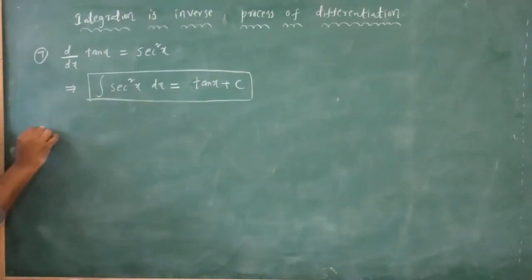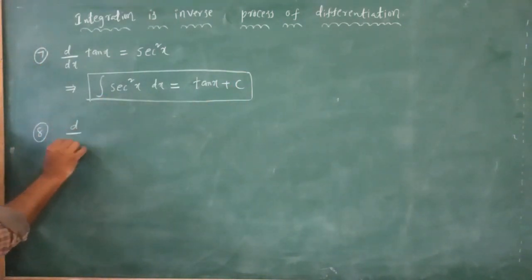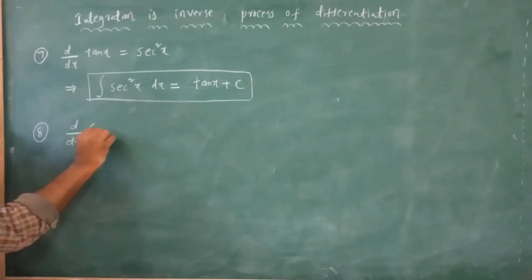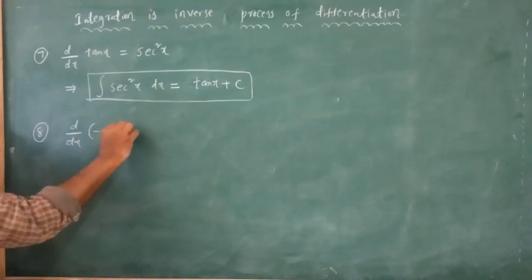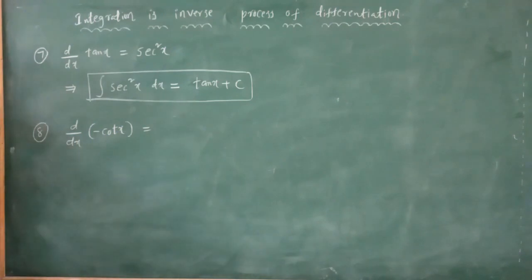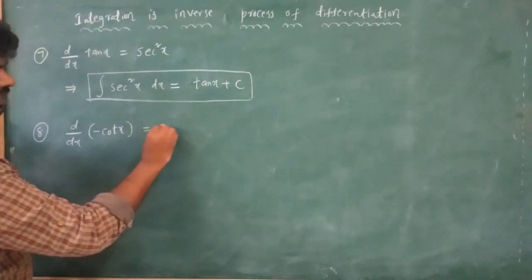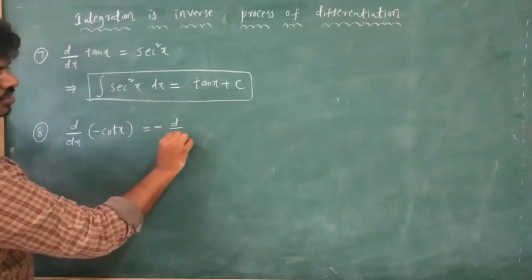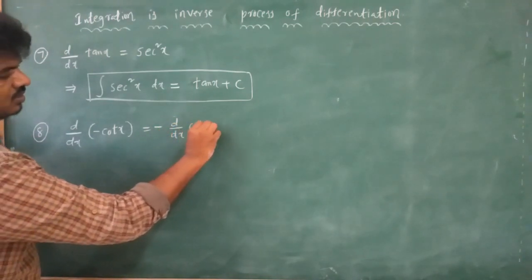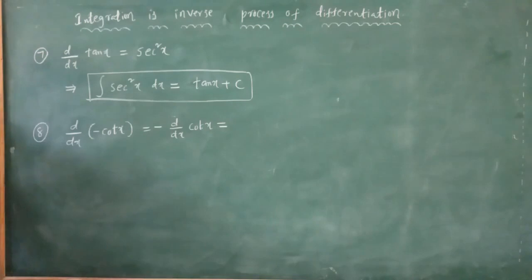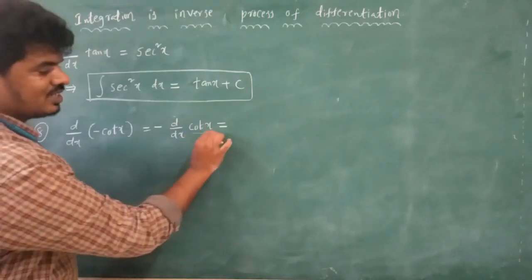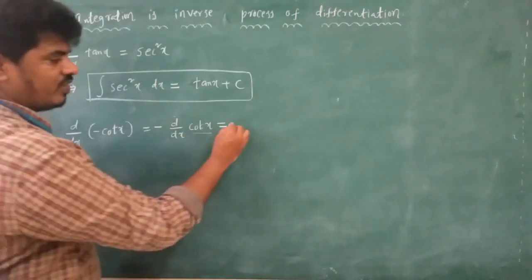Next, eighth one. What is the derivative of minus cot x with respect to x? Here minus can be taken outside, minus of dy dx of cot x. You know that the derivative of cot x is minus cosecant square x.